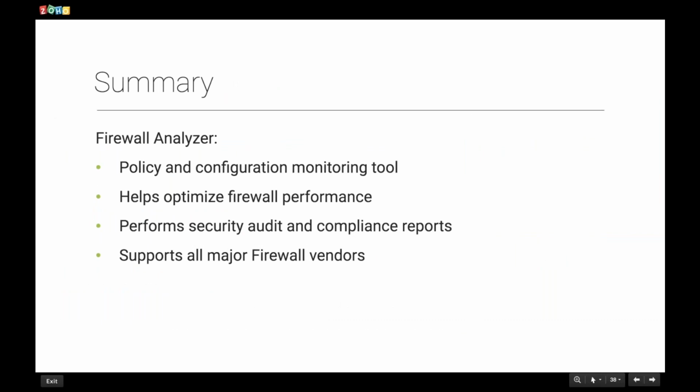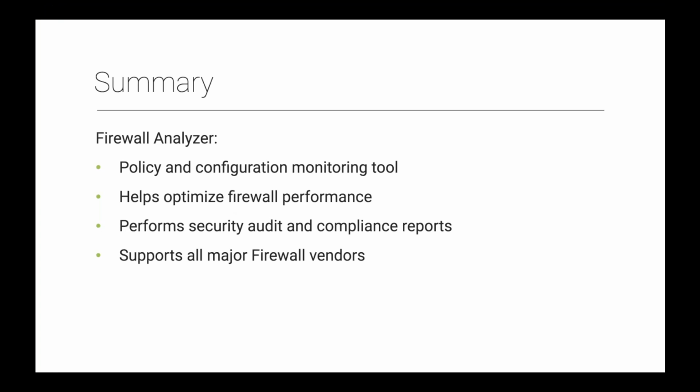So to summarize, Firewall Analyzer is a policy and configuration monitoring tool. It helps us identify policy anomalies, unused rules, and lets us perform in-depth impact analysis, thus helping in optimizing firewall performance. It also provides out-of-the-box compliance reports for SANS, PCI DSS, NIST, ISO, and NERC.